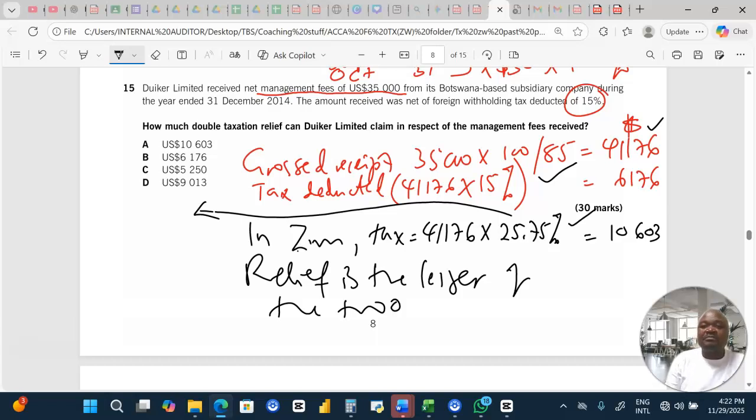So if they come to Zimbabwe now, because Zimbabwean tax is higher, they would have a relief of the tax they would have already paid, which was this amount. So that's the amount they are entitled to.